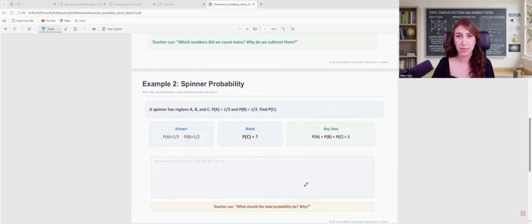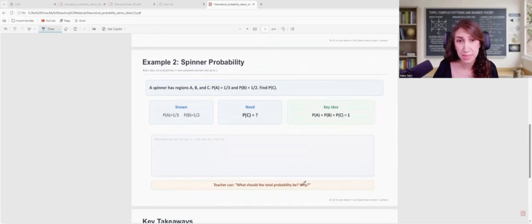We have a spinner probability. It says a spinner has regions A, B, and C. So the spinner has 3 regions, A, B, and C. Here we have the probability of A, which is 1/3, and the probability of B, which is 1/2.